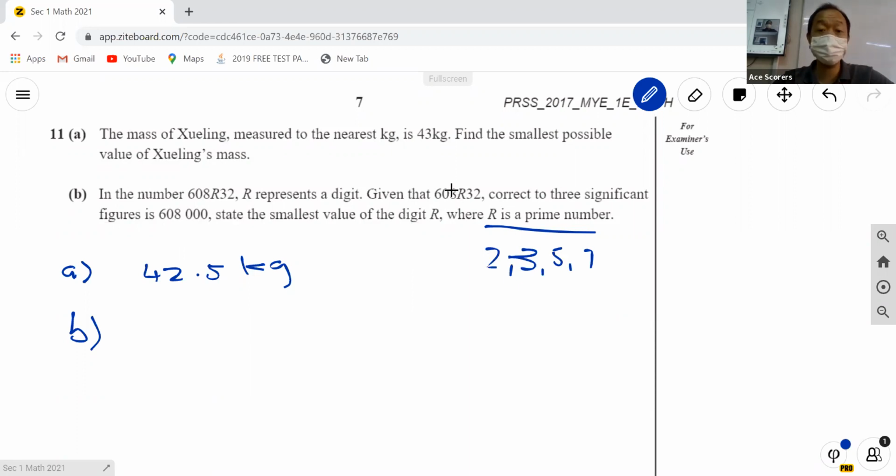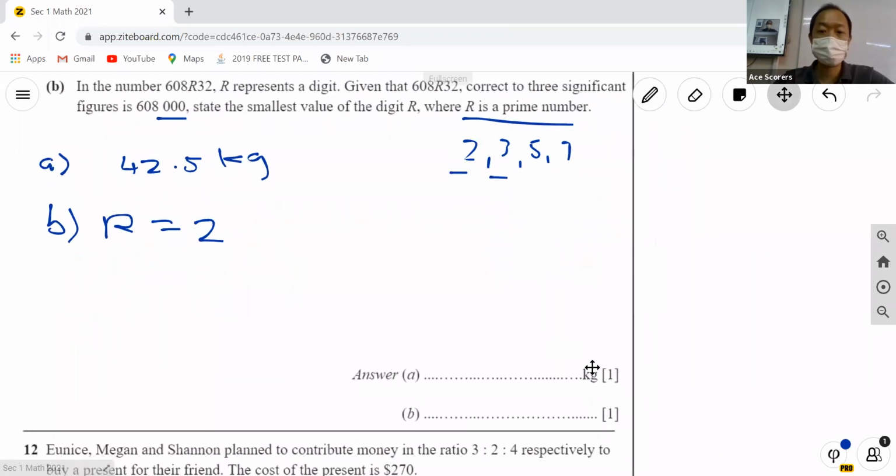This one rounds off to become 608,000, 3 decimal figures. That means R is below 5. So there are only 2 options, either 2 or 3, and they want the smallest one, so R must be 2. No working. One more.